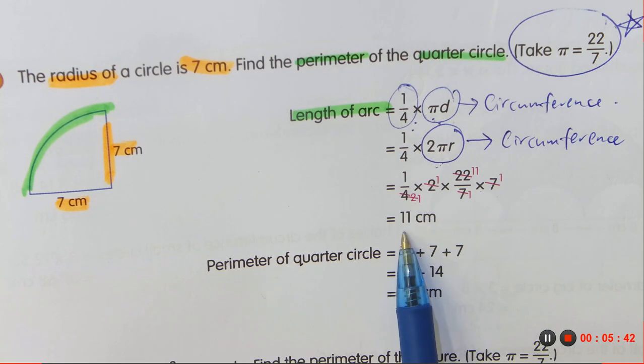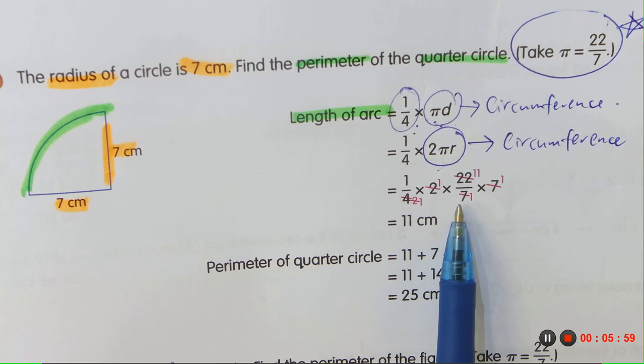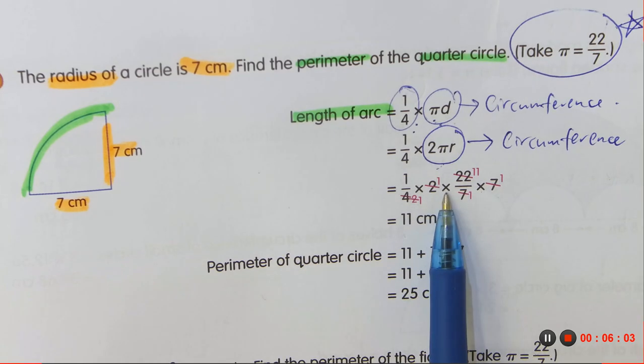If you do not know how to simplify, what did I tell you to do? Multiply the numerators, then multiply the denominators, put them all together. But the best thing by now is everybody knows how to simplify. Just work through it step by step.